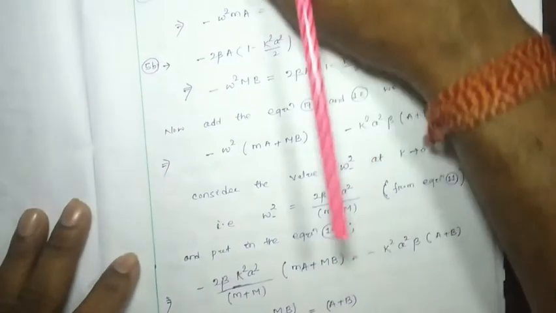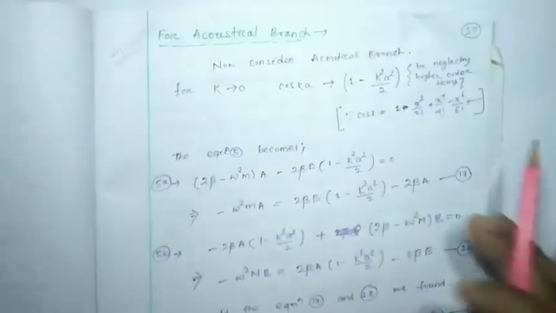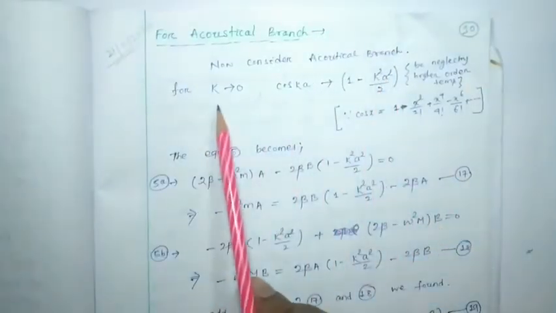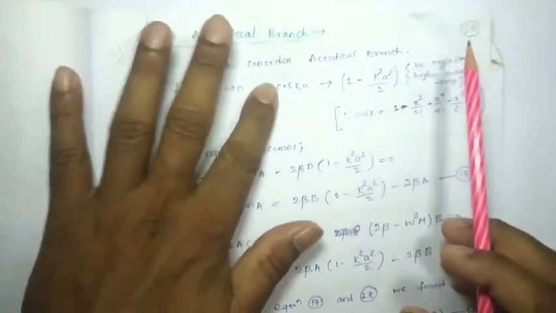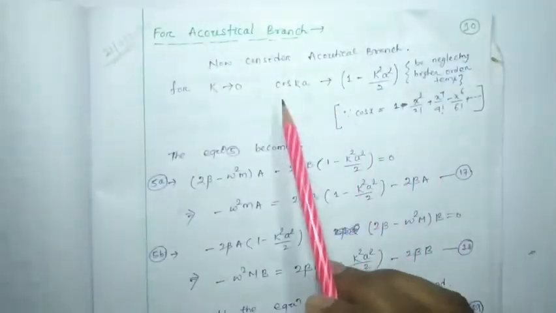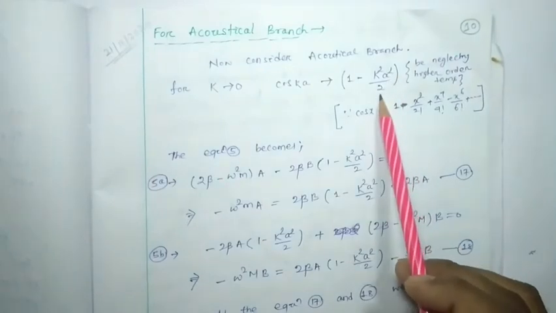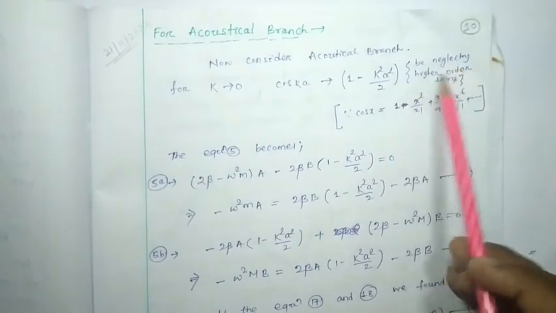Now we have to consider the acoustical branch. For the acoustical branch, for k tends to 0, we consider that cos ka equal to 1 minus k square a square by 2, neglecting higher order terms.